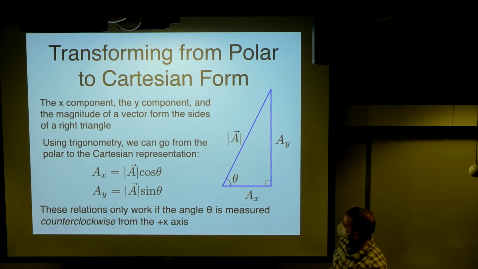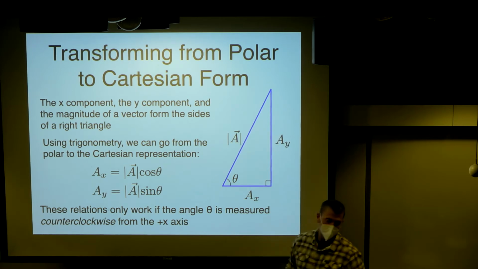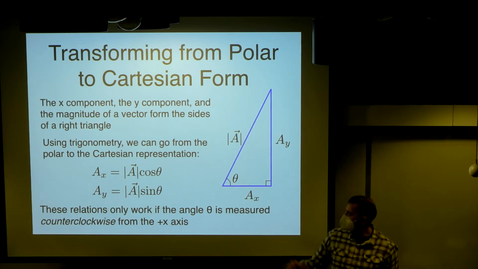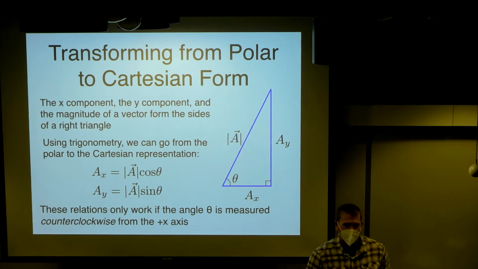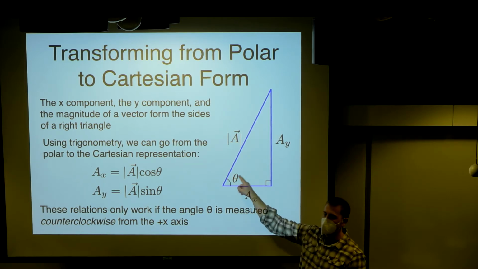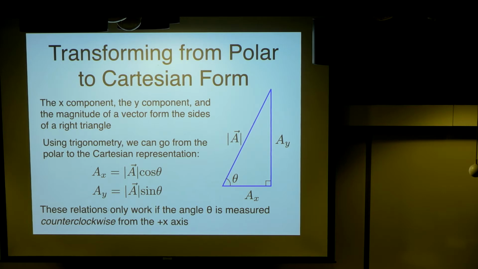So the overall length of the vector, the magnitude, is the hypotenuse of this right triangle, and the components are the other two sides. And then we also have our angle theta, which gives us the direction of the vector. As an exercise, we'll remember our sines and cosines and use them to solve for the x and y components. Let's work out the relationships on paper now.